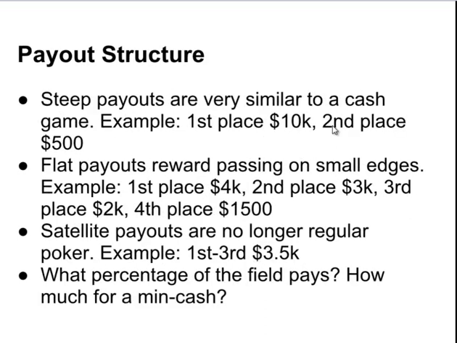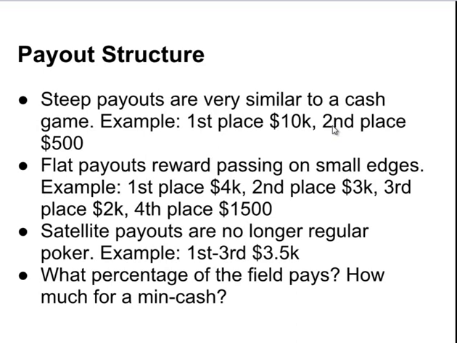In this situation, although second place gets paid, the amount is going to be so little that, other than very close situations in three-handed play or whatever, the vast majority of the time, any play that's plus EV in terms of chips is going to be worth making, because it will give you more of the prize pool, and to make a lot of money in this tournament, you basically need to get all the chips.